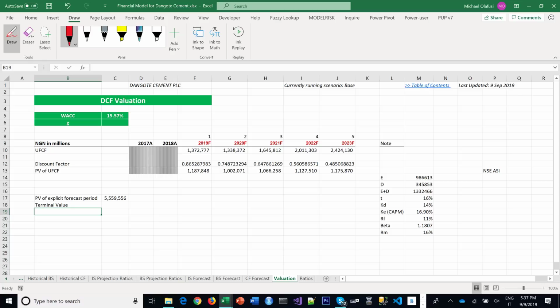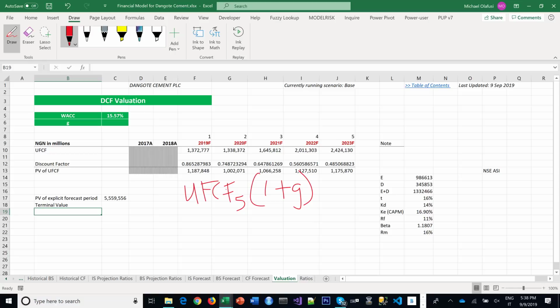You expect that the company can at least keep growing. So this UFCF in the 5th year, the company should be able to keep growing at some long-term growth rate, G.